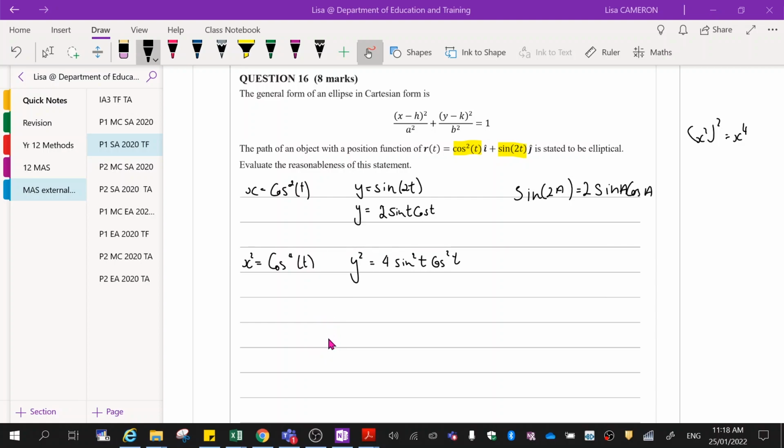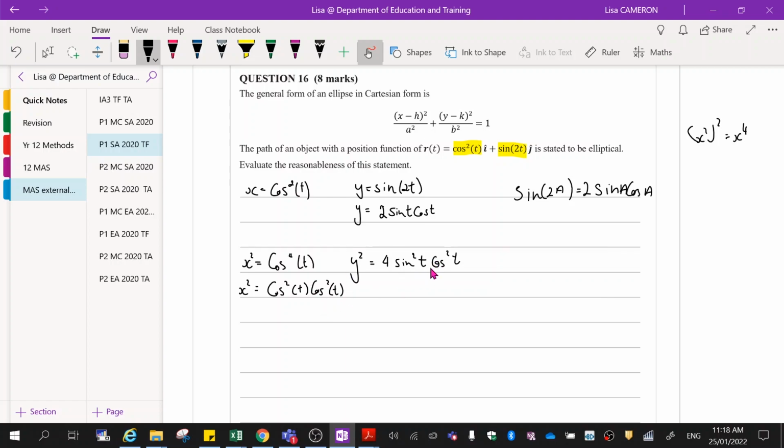Next thing that we're going to do is start adjusting them so that it looks like how we want it to look. So first thing I'm going to do is I don't want to work with the 4 here. That's not going to be nice for us later. So what I am going to do is change that into being 2 lots of the squared. As you can see, these two statements are equivalent, so that's all okay to do.